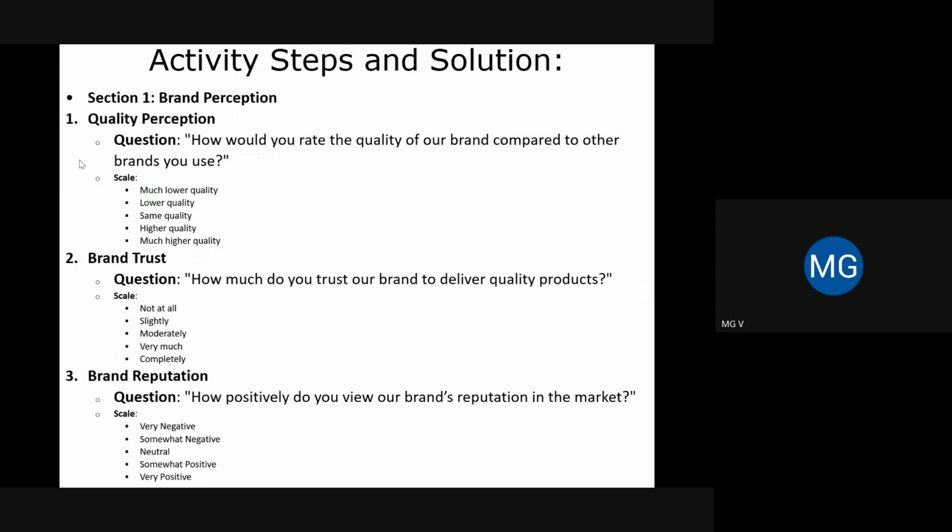So section 1 here focuses on brand perception, which has further subpoints on quality perception, brand trust and brand reputation. A question related to brand quality perception can be, how would you rate the quality of our brand compared to other brands you use? Now you define the scale to be used to measure quality. It can range from much lower quality to same quality to much higher quality.